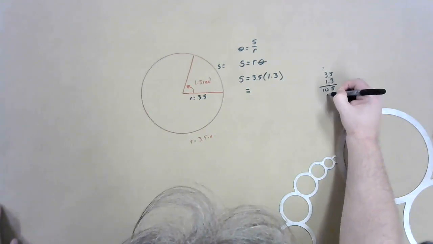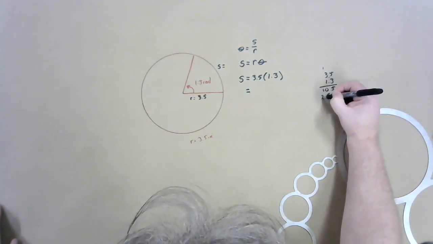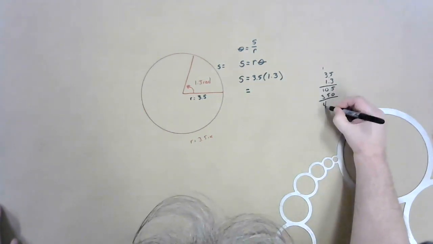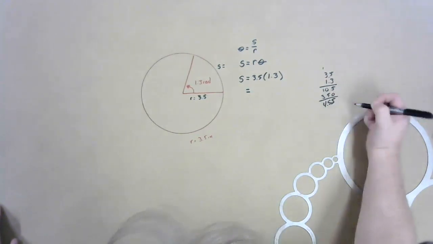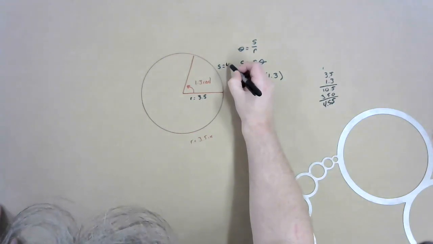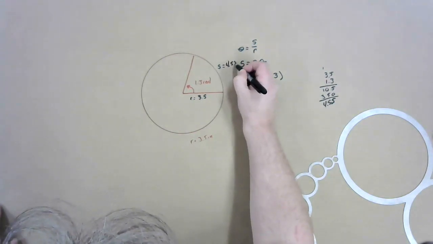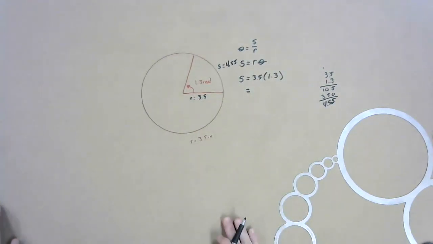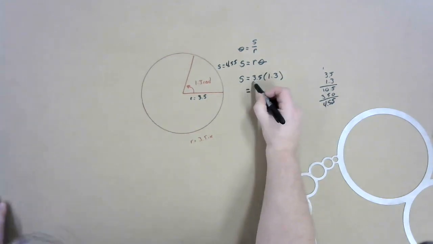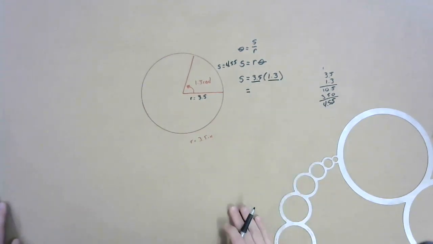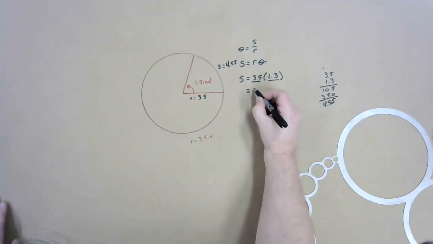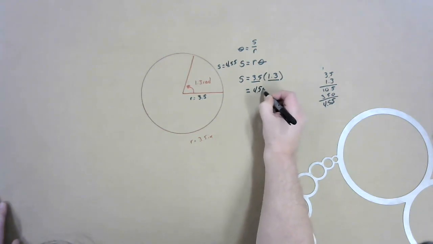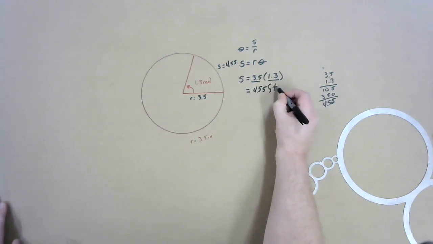It's 4.55. Now, what are the units on that? Well, we've got inches times radians, and as we talked about before, radians don't contain units. So that product is 4.55 inches.